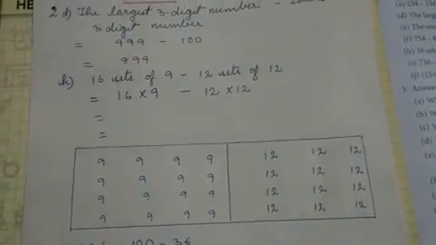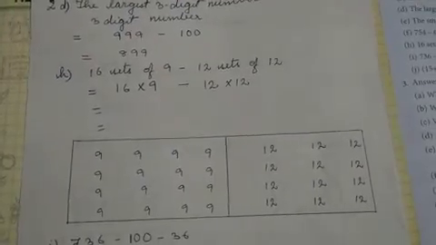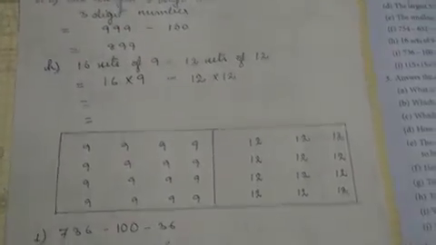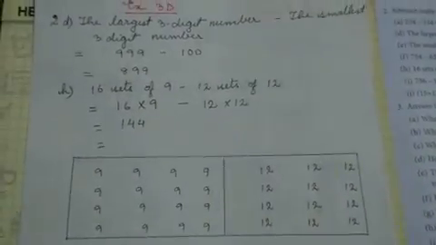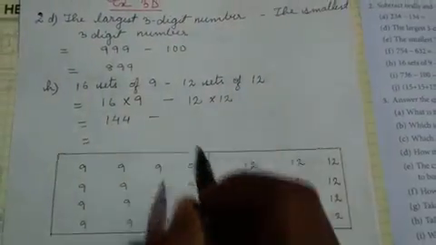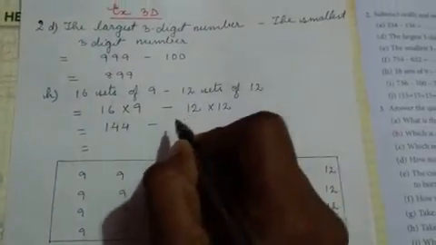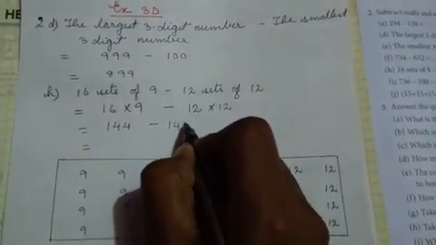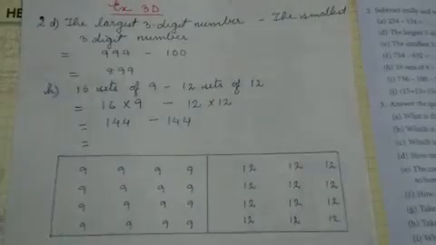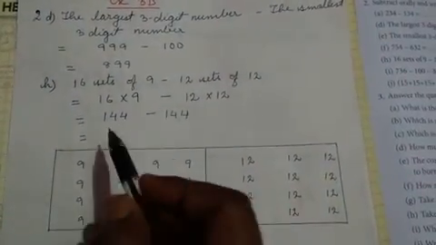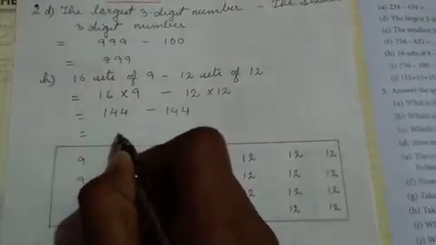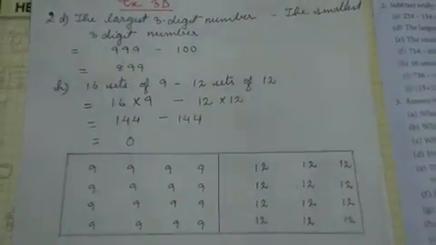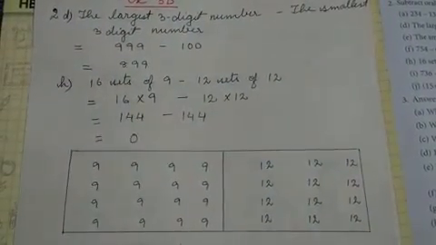For this you need to know the table of 16 and of 12 also. 16 9s are 144 and 12 into 12 is also 144. Now if we subtract, when we subtract the same number, we get the answer as 0. So our answer will be 0.